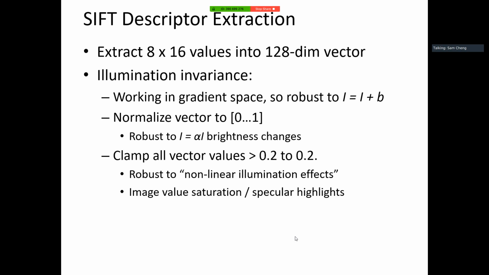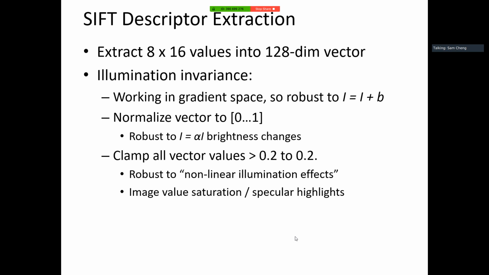There's some other refinement that I should mention, to avoid some of this specular highlight effect. If you have some surface that is extremely bright, then that tends to affect your curve descriptor, the value of your histogram there.